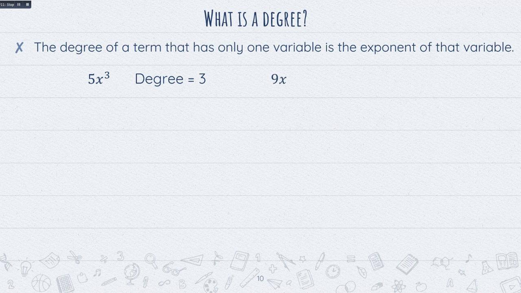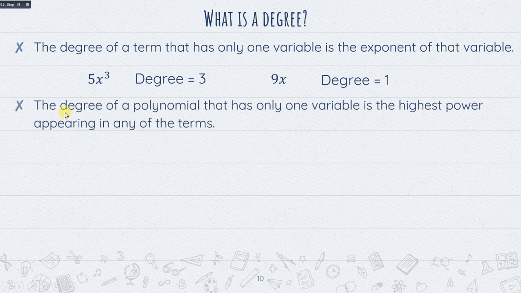Next would be 9x. Remember that in the variable, there is always one exponent. And this will be degree of 1. Next rule, the degree of polynomial that has only one variable is the highest exponent appearing in any of the terms.